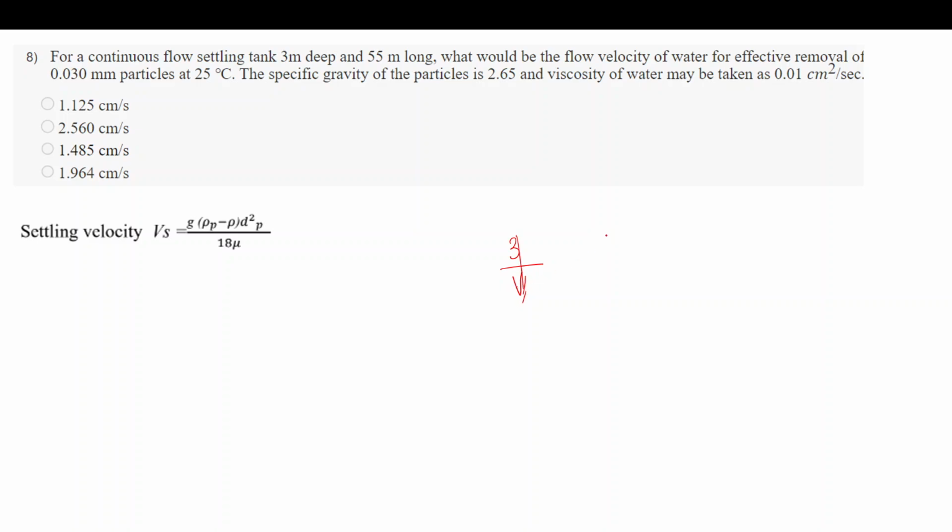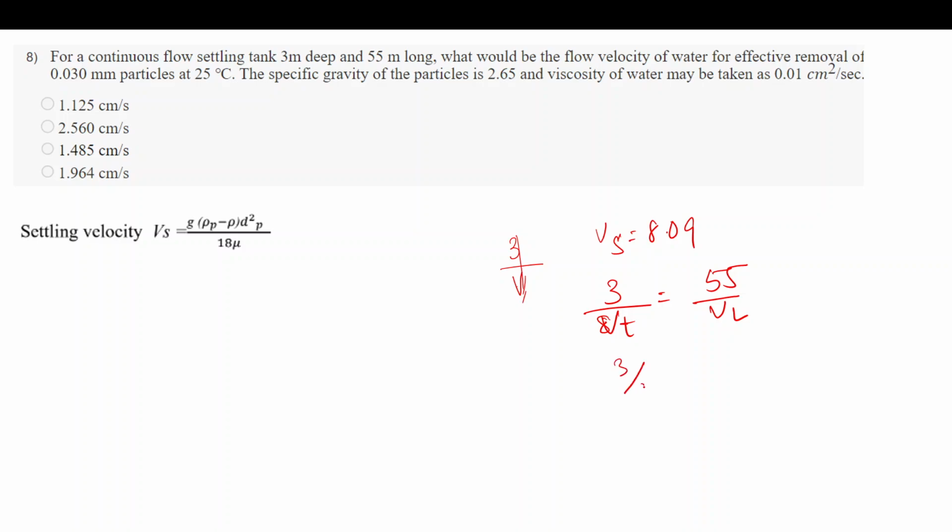Okay, so here we had got settling velocity as 8.09. The mistake we made was that 3 divided by the terminal settling velocity equals 55, the length, divided by the horizontal velocity.